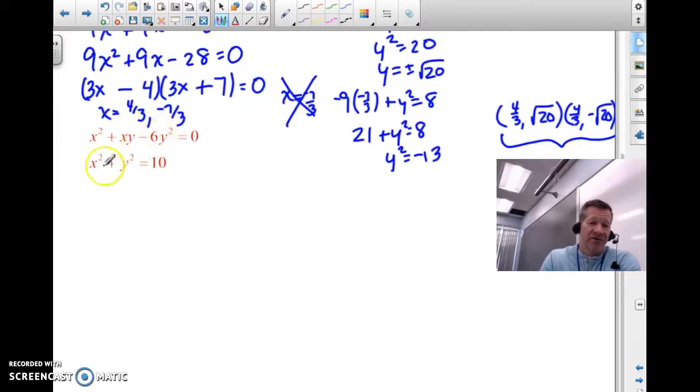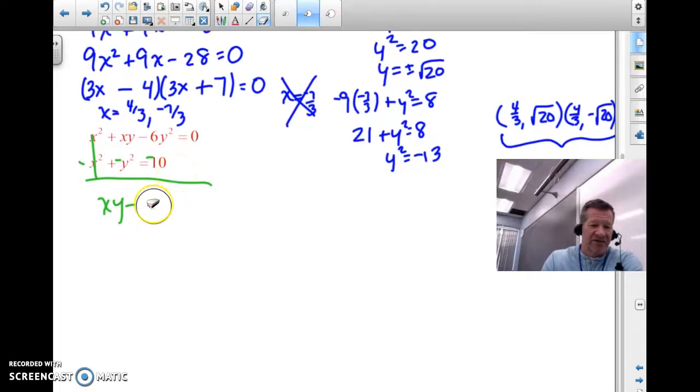So what we're going to do is eliminate one of the variables. Now, multiplying this by a negative 1 would make it really easy to cancel out the x squareds. But watch what happens. I've got xy minus y squared. I'm sorry, I can combine those y squareds. I got xy, negative 6y squared and negative y squared is negative 7y squared, equals 0 minus 10, which is negative 10.